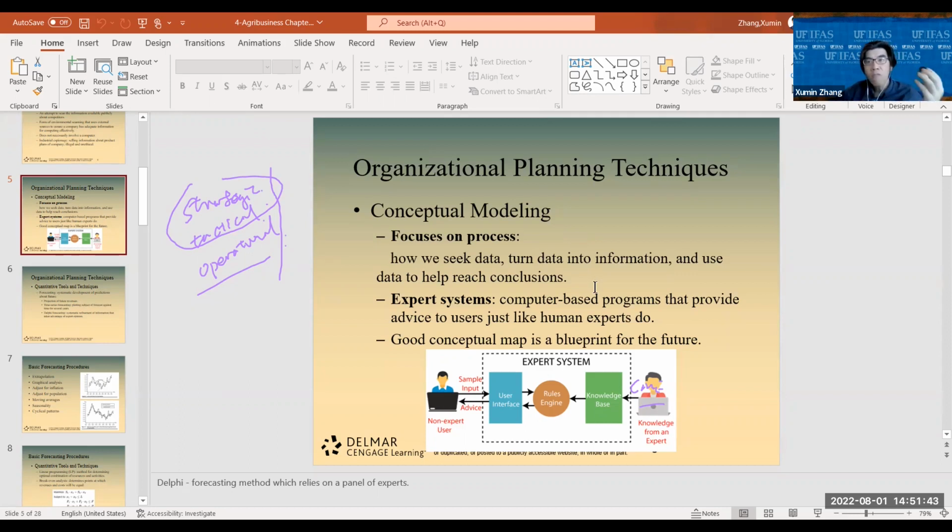But this information is not yet useful. We need to get it through what we call conceptual modeling. You have to import the raw information into these models, and then you get some output. The output is the valuable, useful information.